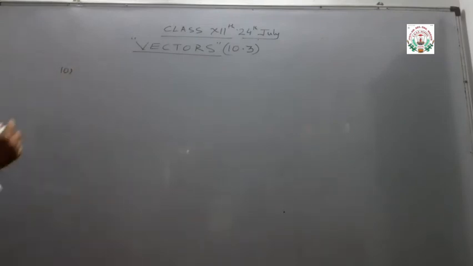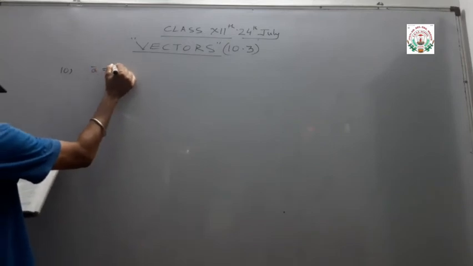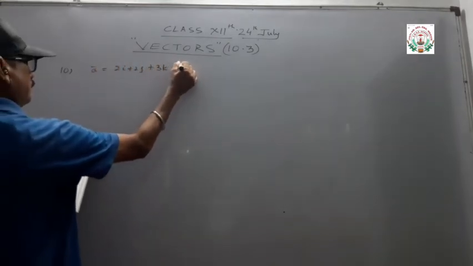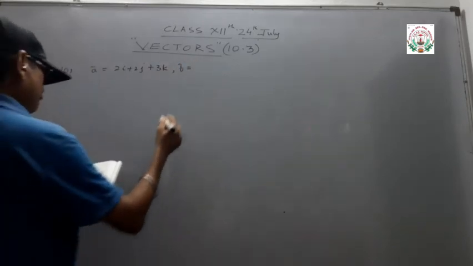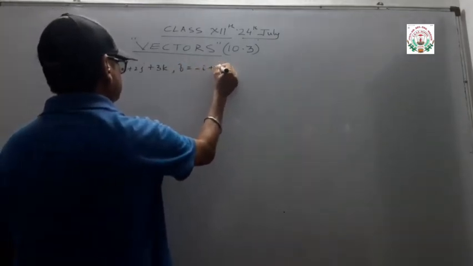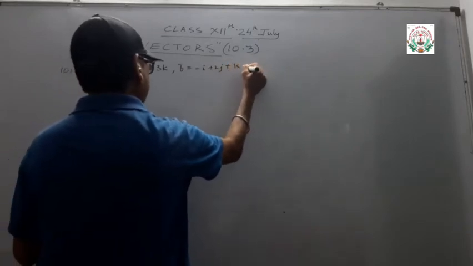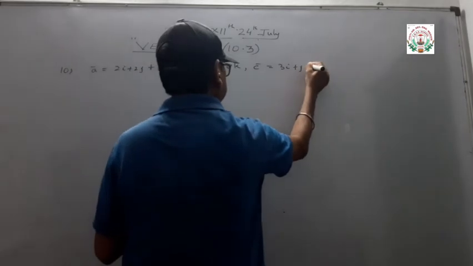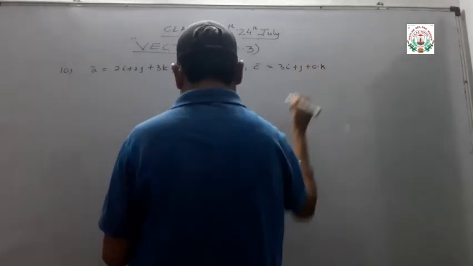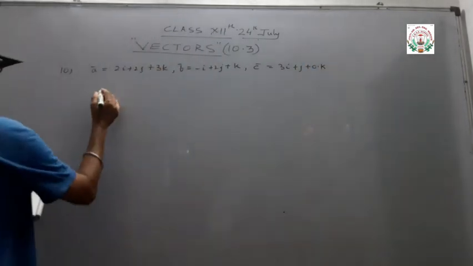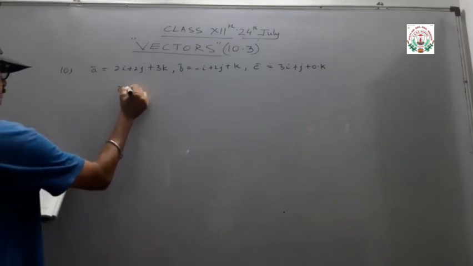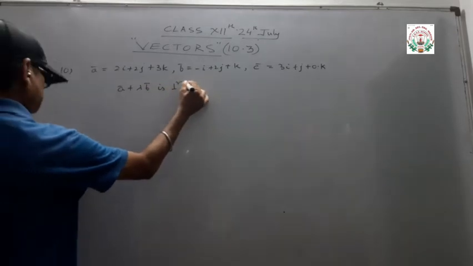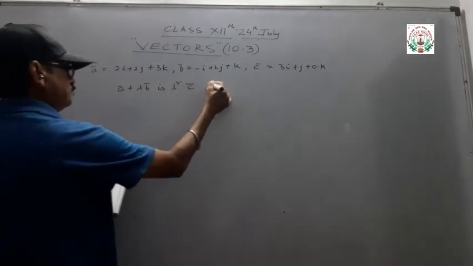If vector A equals 2i plus 2j plus 3k, vector B is equal to minus i plus 2j plus k, and vector C is equal to 3i plus j, k is not given so we will write 0 into k, are such that vector A plus lambda B vector is perpendicular to vector C. Find the value of lambda.